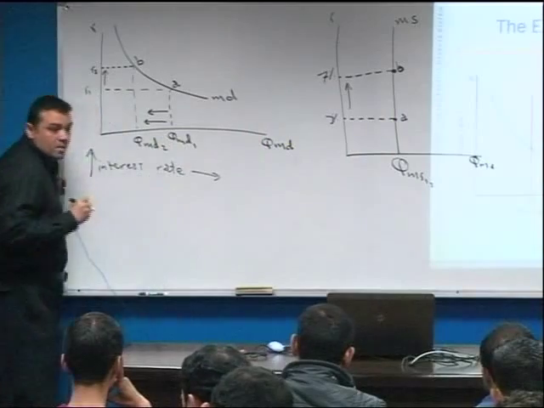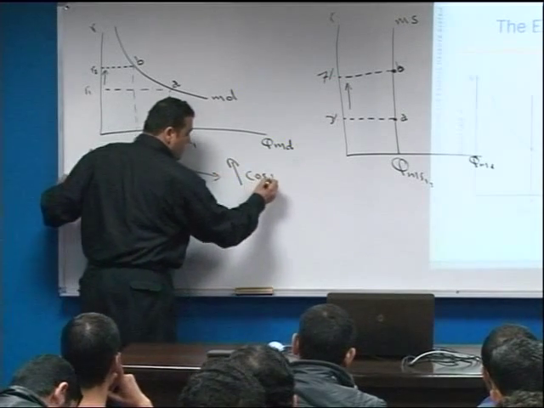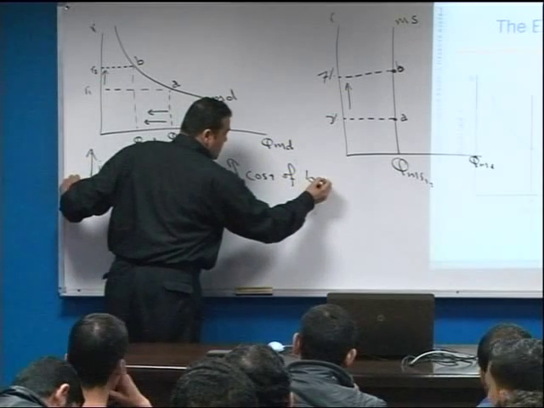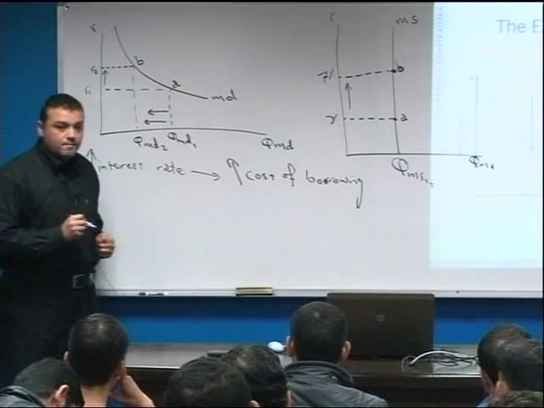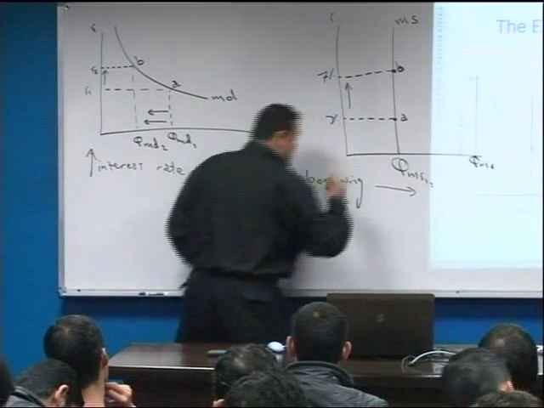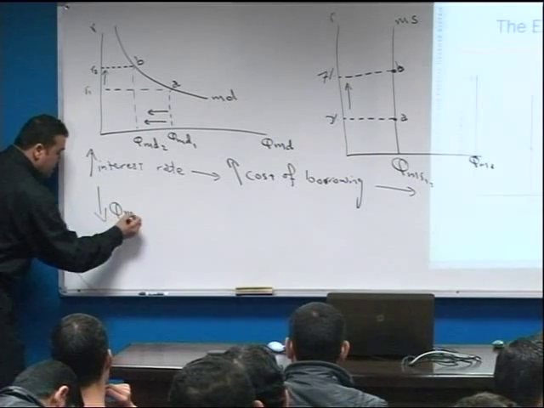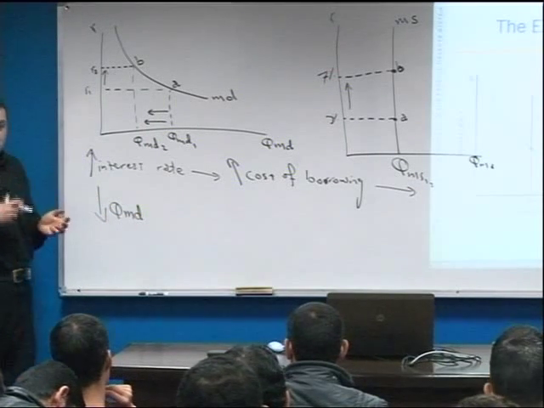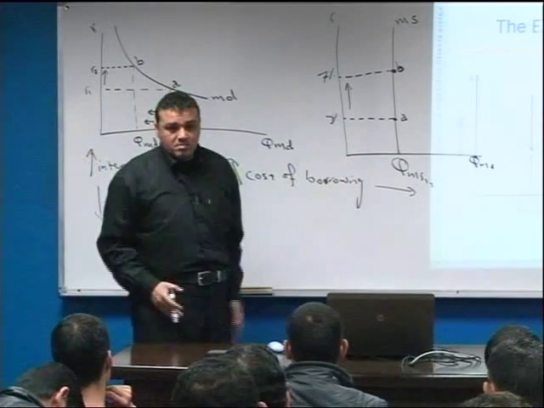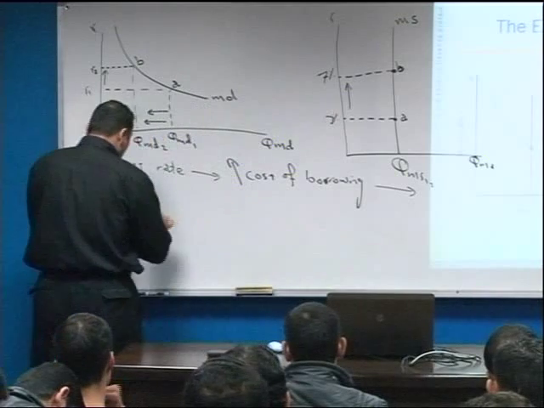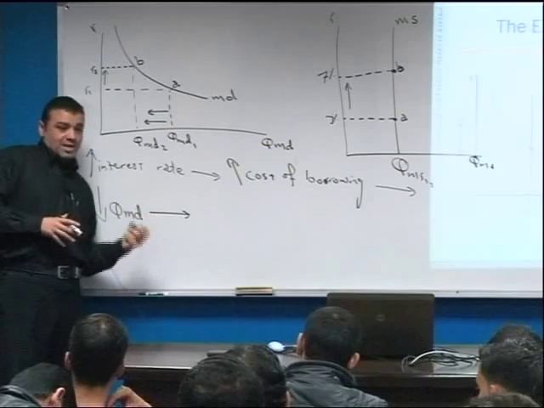So the increasing interest rate leads to increasing the cost of borrowing, which leads to a decrease in the quantity of money demanded for speculation and transactions, because the cost of borrowing increased. So the size of borrowing would decline.